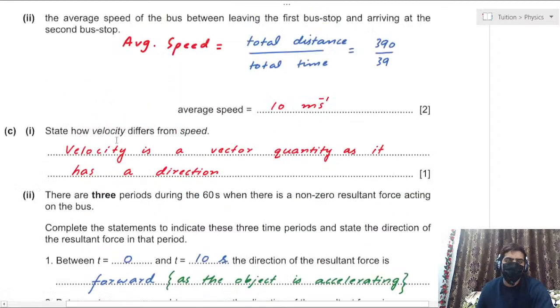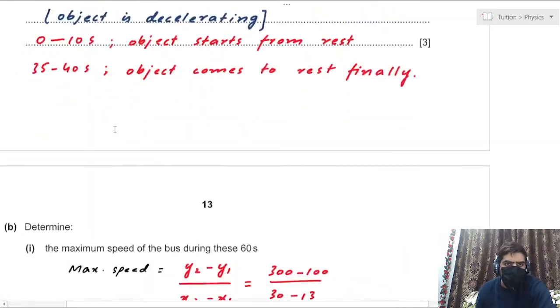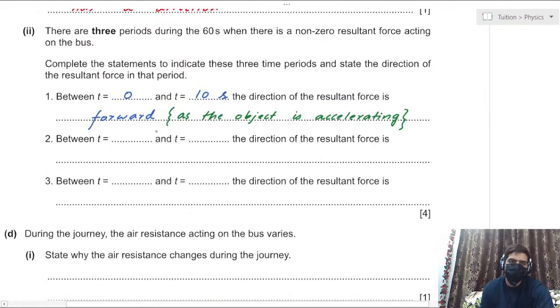So you can write the period, 21 to 24 seconds. There would be a resultant force in what direction? Let's say this is the center and the object is moving in a circular path.